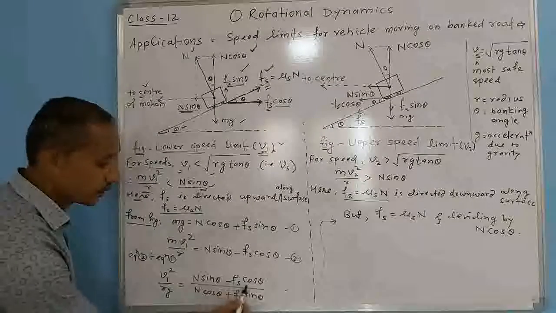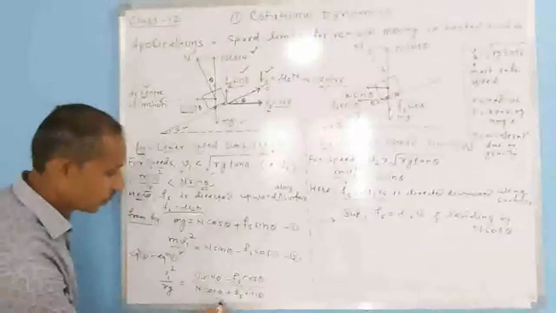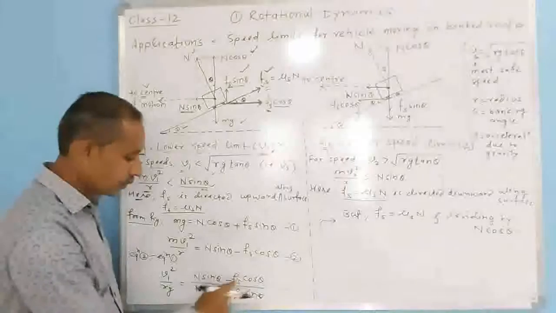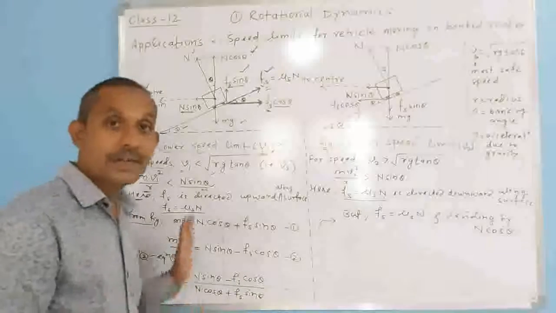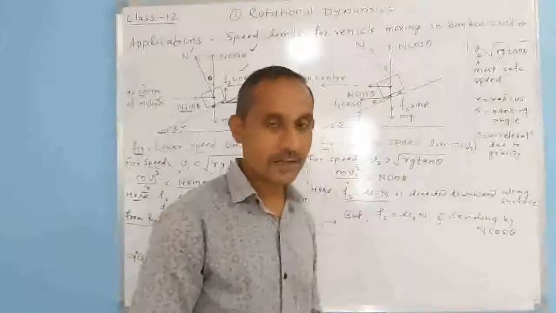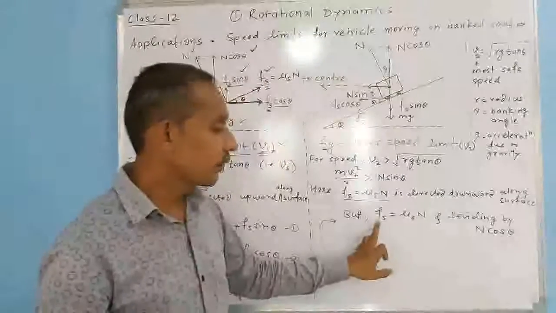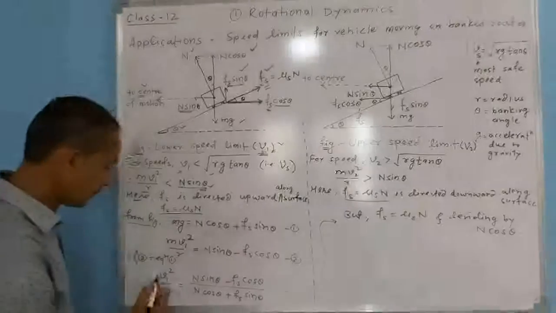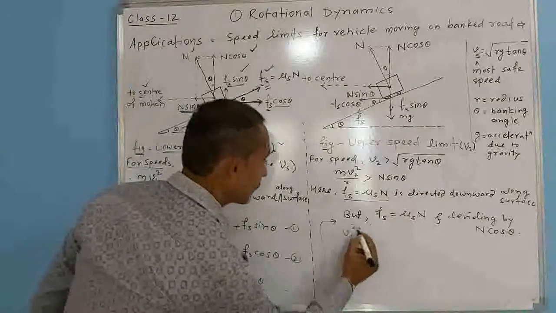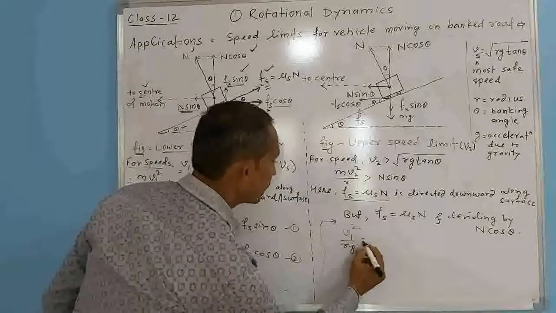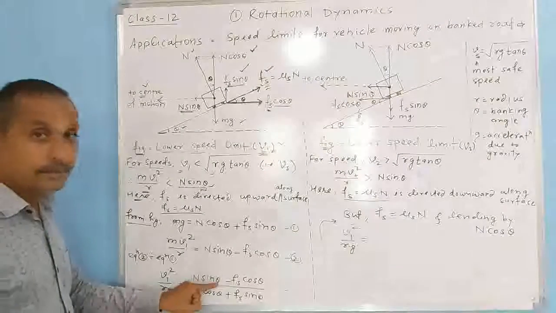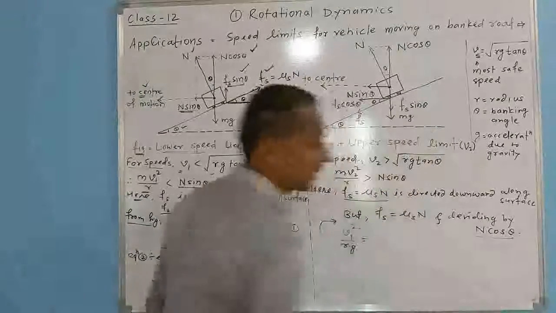There are two terms at the numerator and two terms at the denominator, so to each of the four terms present at the right hand side, we have to divide by N cos theta and use Fs is equal to mu s N. Then we get V1 square upon Rg is equal to N sin theta divided by N cos theta.